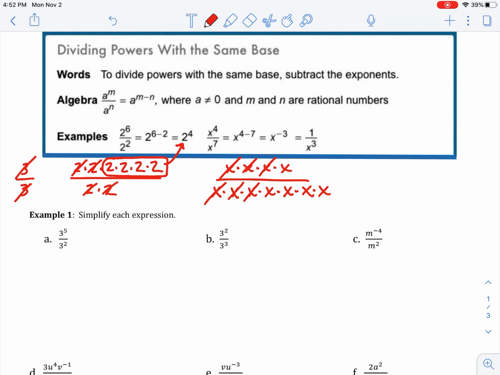So I'd cancel 1 x on the top with 1 x on the bottom. And what's left is 3 x's on the bottom, right, and nothing on the top. So those are the 3 x's that are left on the bottom. And remember, we never leave an empty numerator, so that's why we stick a 1 on the top. All right? So that's why it makes sense to subtract them.